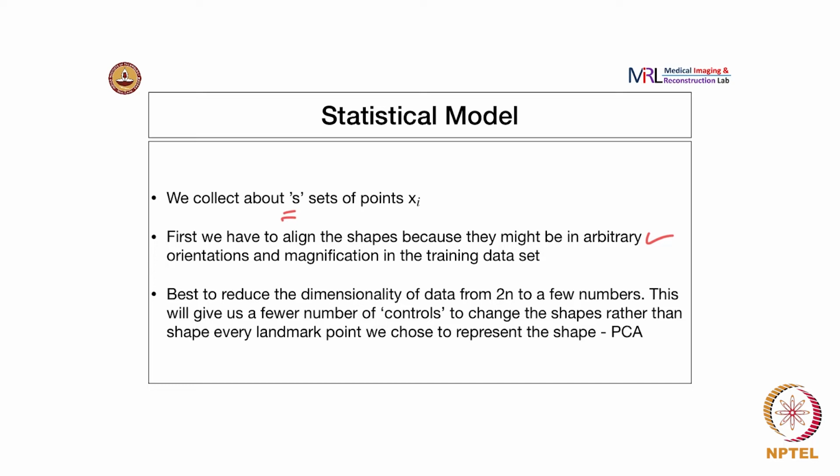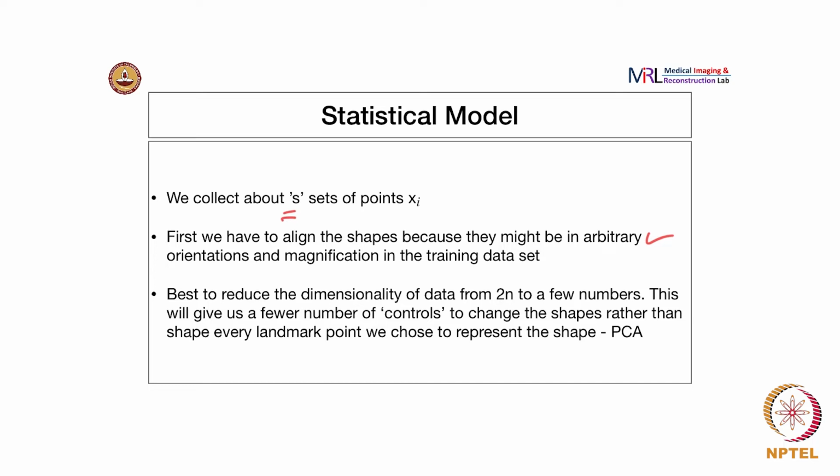Okay. So to make this job easier, we have to do this dimensionality reduction so that we have very few numbers that we can fiddle with. You can call them shape parameters, so that changing one of the numbers will lead to some tunable shape transformation. Okay, so we will see that later on.